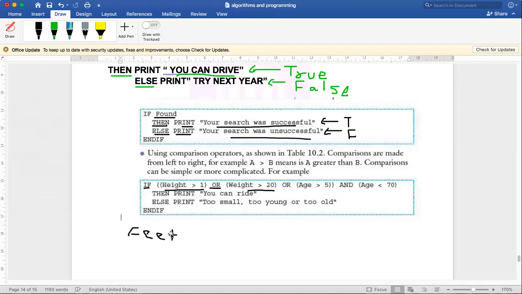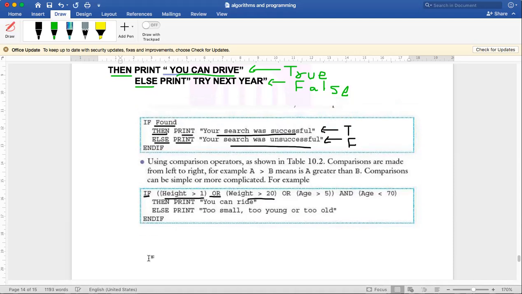Height is equal to or greater than 1 foot. Take it as 1 foot. And weight is greater than 20 kg.